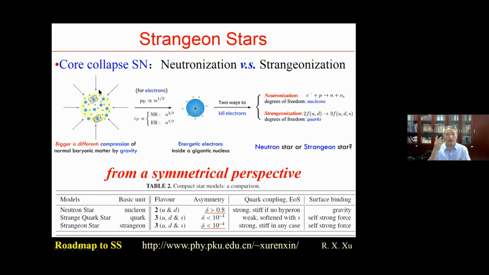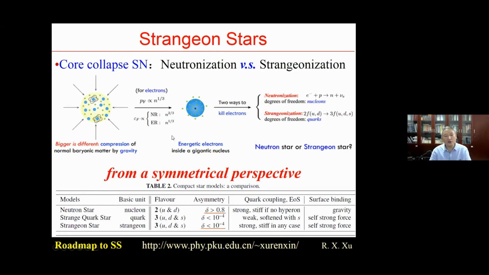So we have two kinds of ways to kill electrons. As I told you, if you think in the way of two flavors, only neutronization kills electrons. But if we think in a three-flavor way, in this case, Strangeonization can also effectively kill electrons to have a stable state.